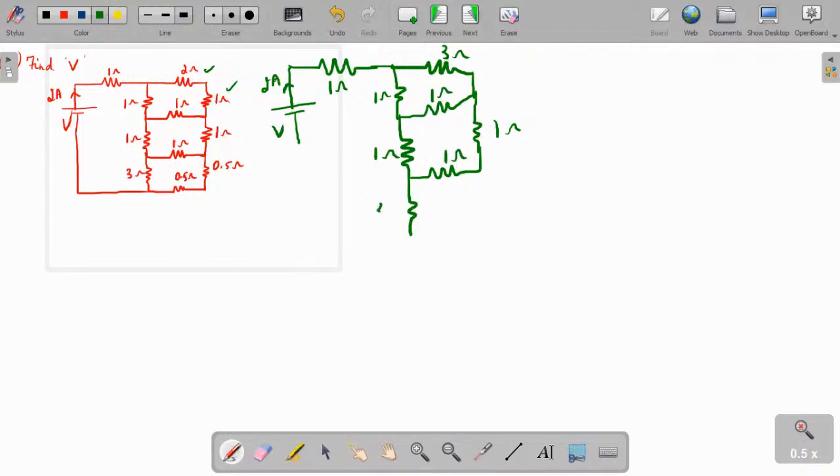Then we have 3 ohm. This 0.5 and this 0.5 are in series. So what is the resistance we get? 1 ohm.